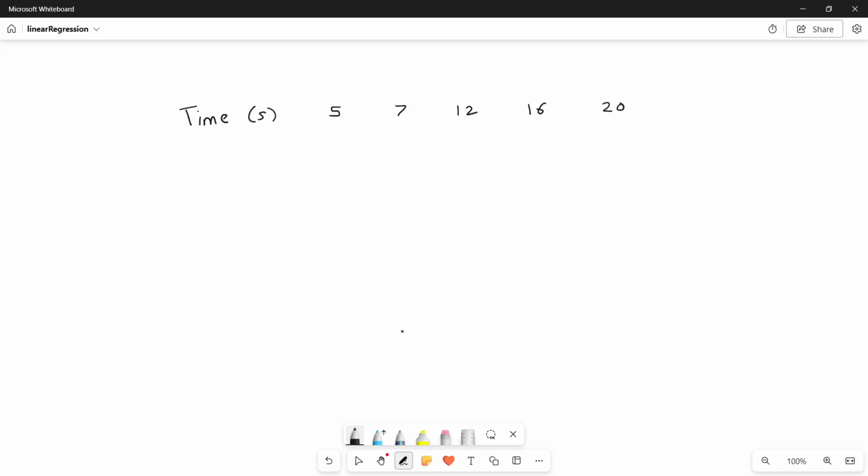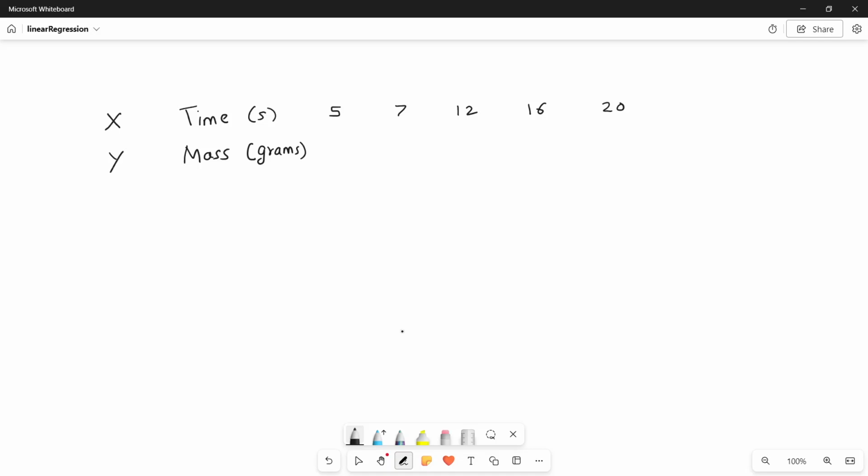Now, the dependent variable over here is the mass, which is, let's say, in grams. It's a convention that normally we write the independent variable as x and we denote the dependent variable as y.